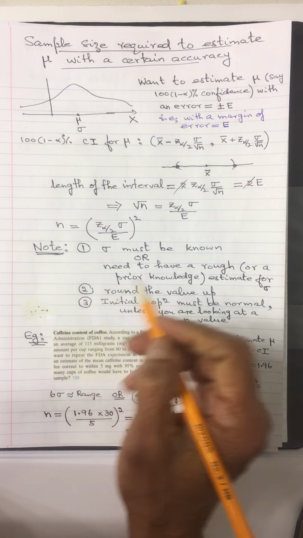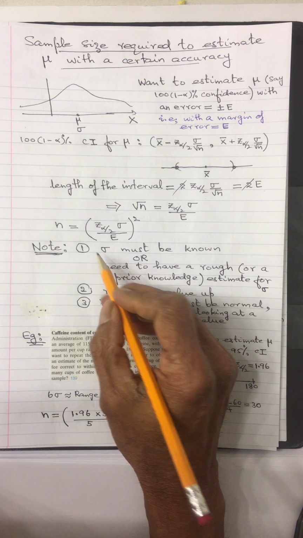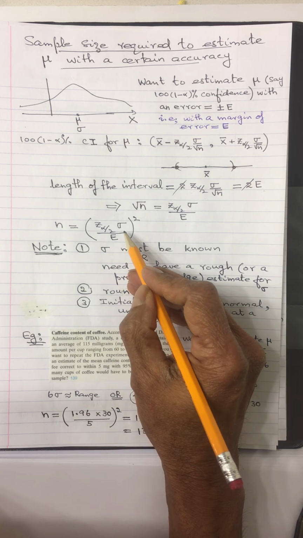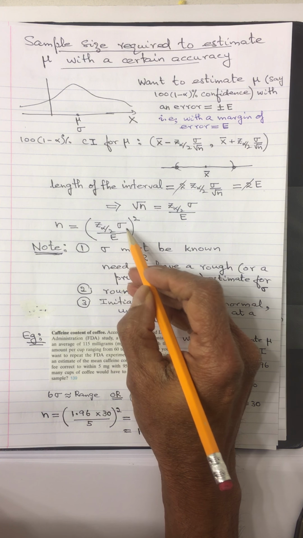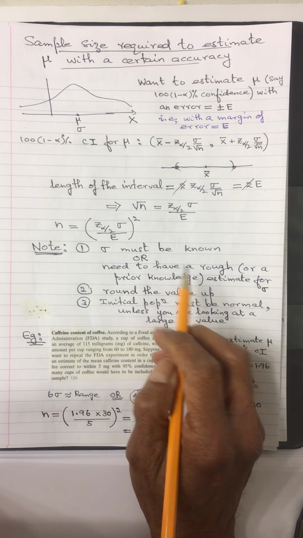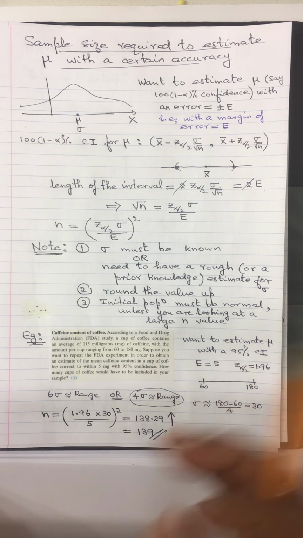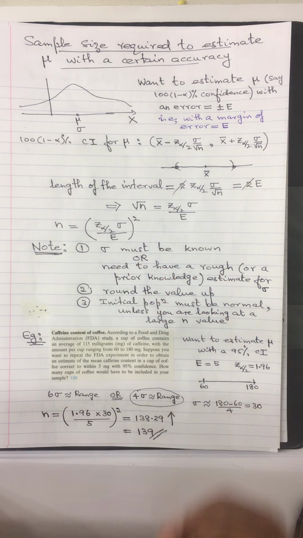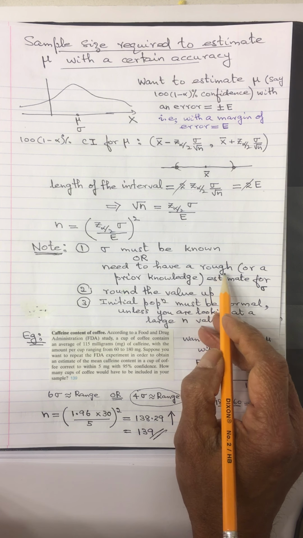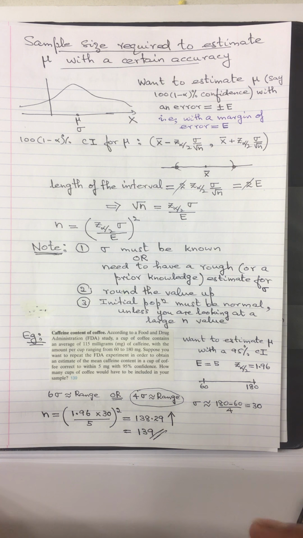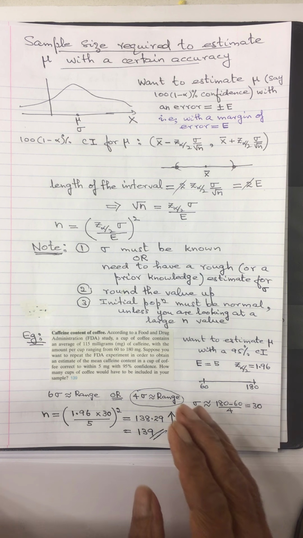In this formula, the first note is that for you to use it, you of course need to know the sigma value, otherwise you cannot use it. If you do not know sigma, at least you need some kind of rough estimate for it, in other words, a prior estimate. Most of the time, you know something about the thing based on your prior knowledge.